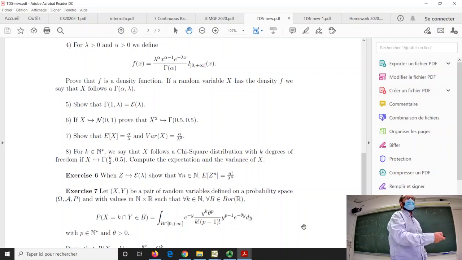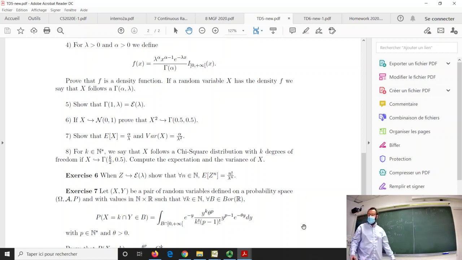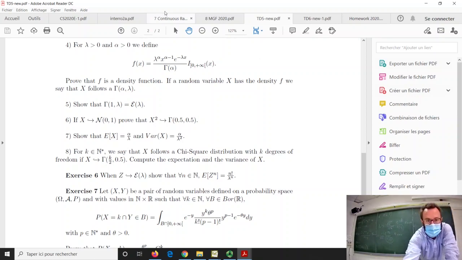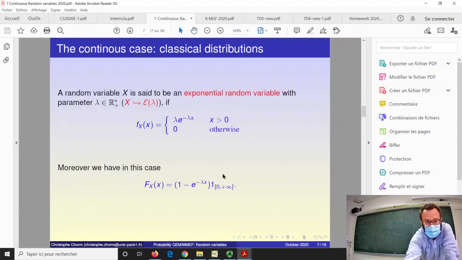You know it, so you will know exactly what you need to obtain. Do you remember what is the density of the chi-square in the course? It is not in the slide, but it's the computation we have done together, just after this proposition.